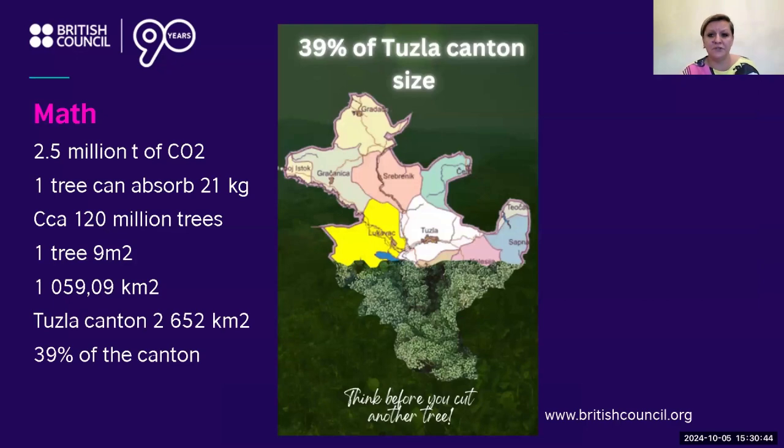We have some territorial divisions in our country, so Tuzla has this Tuzla Canton with the size of 2,600 square kilometers. So we came to a number that 39% of this canton should be covered in trees just to absorb CO2 produced by the power plant, because we don't have data for other causes of air pollution.